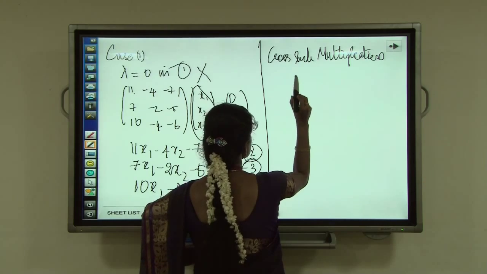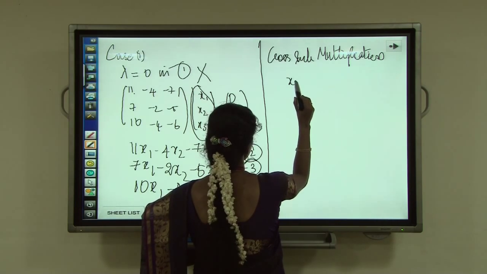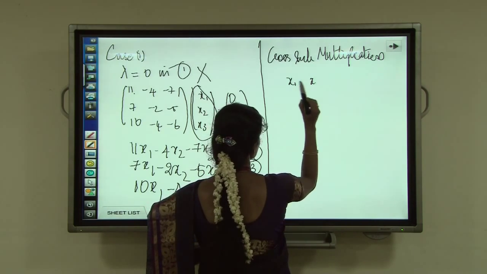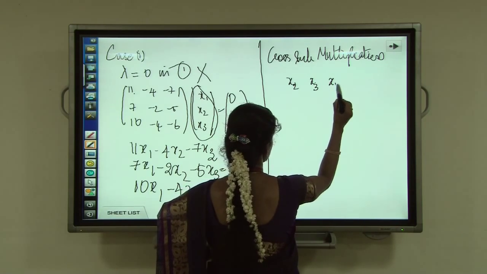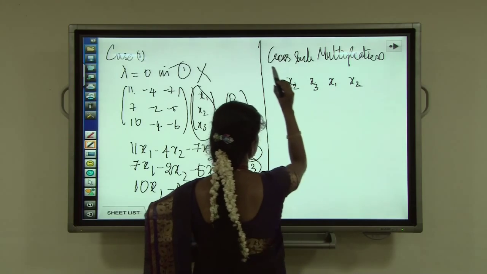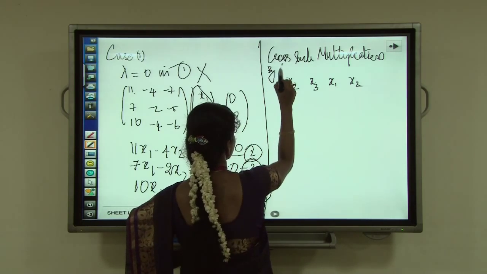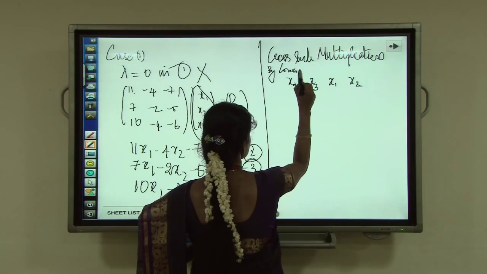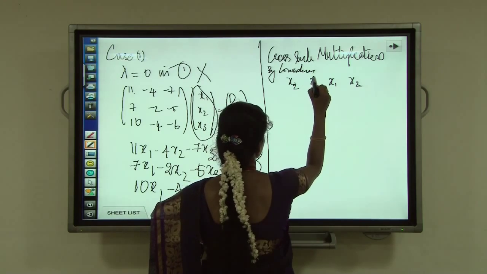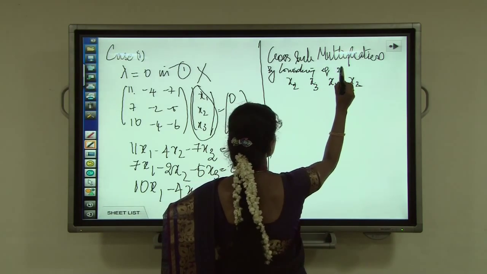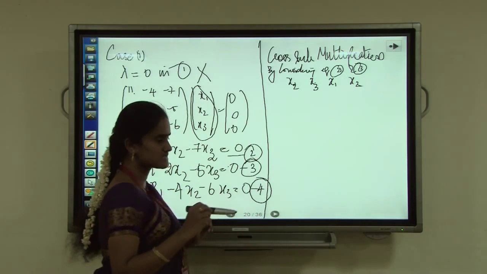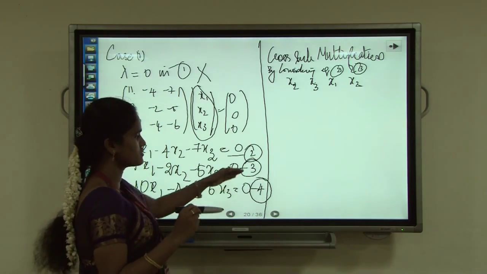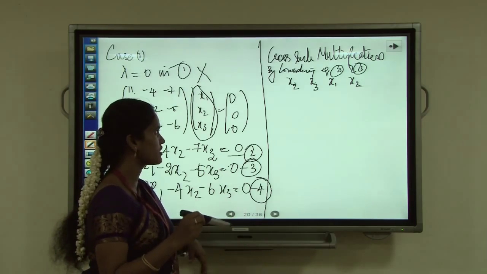Let me first collect the coefficients, starting with x2, x3, x1 and x2, by considering equations 2 and 3. Two equations are enough to find the three unknowns, and you can also take 3 and 4, or any order.